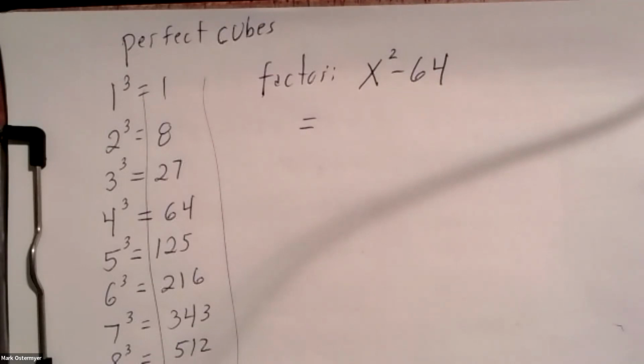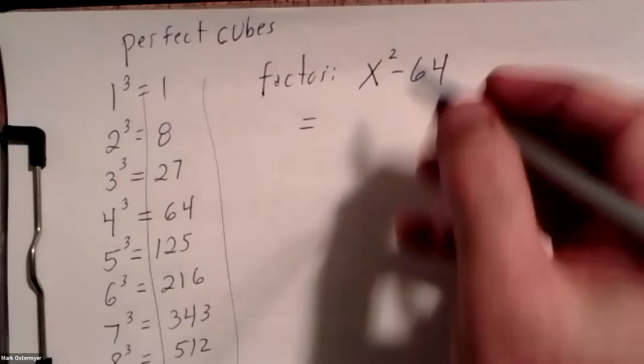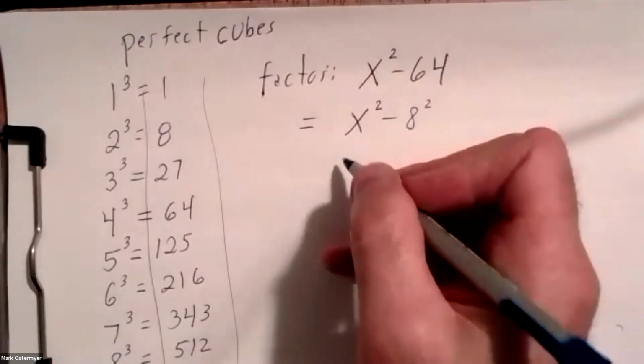Is it the sum of perfect squares or the sum of perfect cubes? Doesn't appear to be. Is it the difference of perfect squares or the difference of perfect cubes? Squares. 64 is a perfect square of what whole number? 8. So you can see that x squared minus 64 is really x squared minus 8 squared.